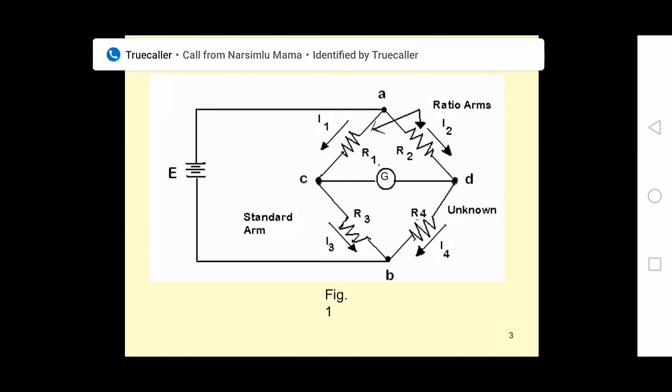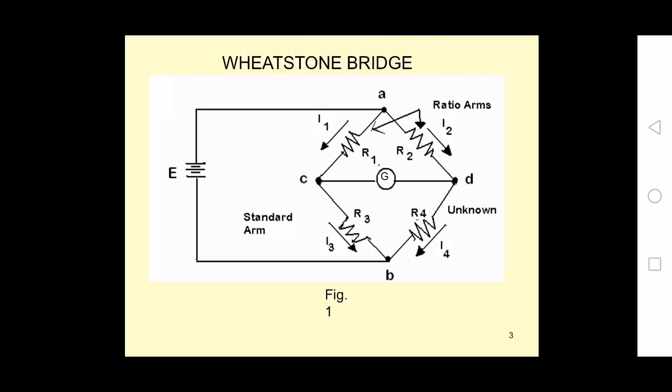Out of the four arms, the currents pass through the different arms. So you will have the four resistances R1, R2, R3, R4, and R4 is your unknown resistance.